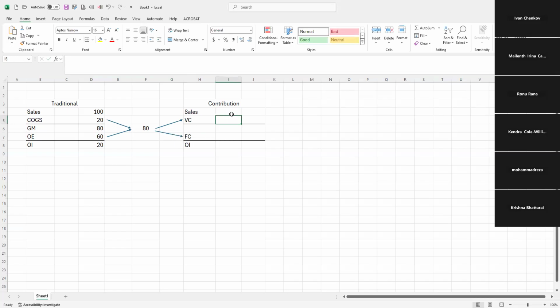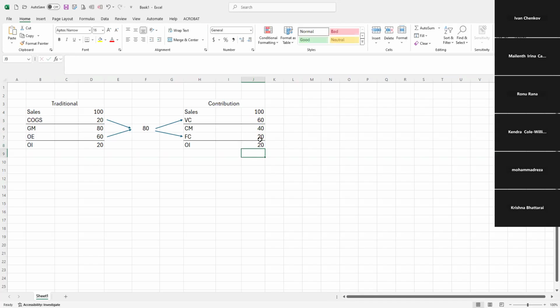So now in this case, my sales are still 100. Let's say my variable cost is 60. Now, in the middle, we're going to have a mid calculation, which will be my contribution margin. And in this case, contribution margin is going to be $40, obviously. And what's left for the fixed cost in order for operating income to be 20? Fixed cost is $20. So in that case, my operating income is contribution margin minus the fixed cost.